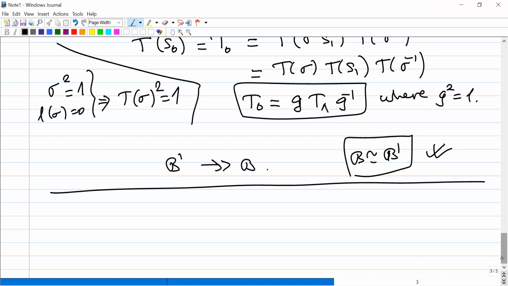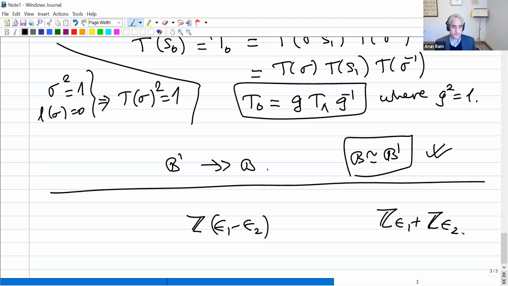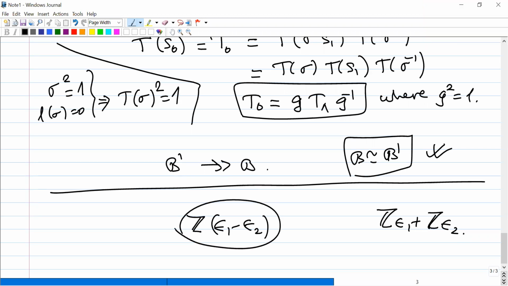Aha. Okay. Now I understand. Thank you. Yes, if you think in terms of the lattice, the lattice here is Z epsilon 1 minus epsilon 2. So there we work with Z epsilon 1 plus Z epsilon 2. Is that correct? Yes, that's right. So we are going down one dimension. I think I understand. Thank you. Yeah, I was confused.